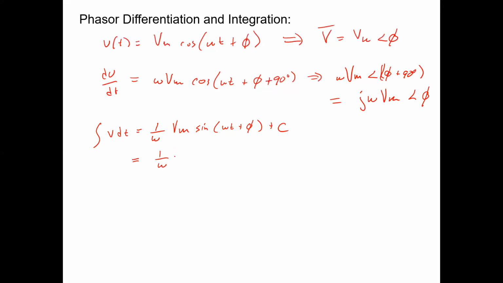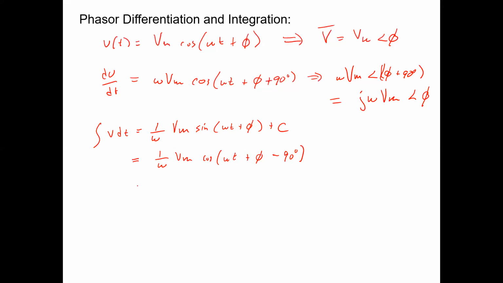It's 1 over omega Vm cosine of omega t plus phi minus 90 degrees, because in this case it's a plus sign, whereas before it was a minus sign.